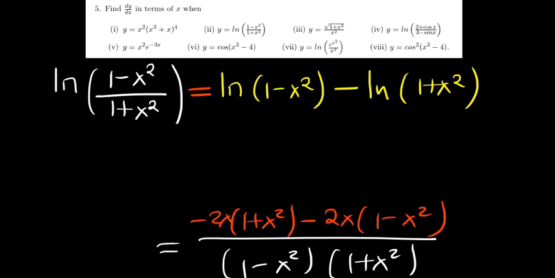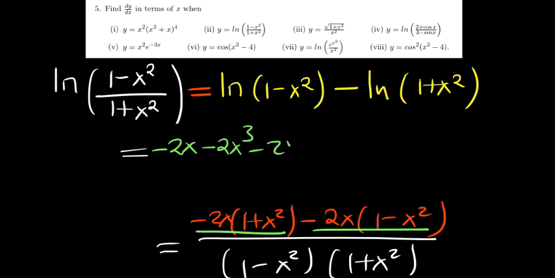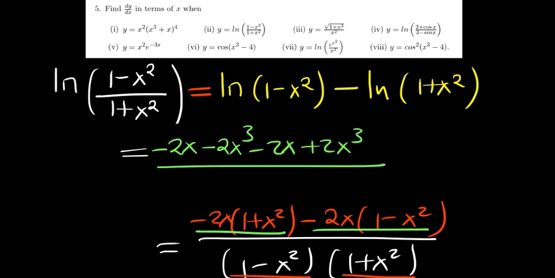At this point, negative 2x multiplied by that gives negative 2x minus 2x to the power 3. This part is negative 2x plus 2x to the power 3, over. If you check what we're multiplying in the denominator, it's more like a conjugate because the sign is just changing.